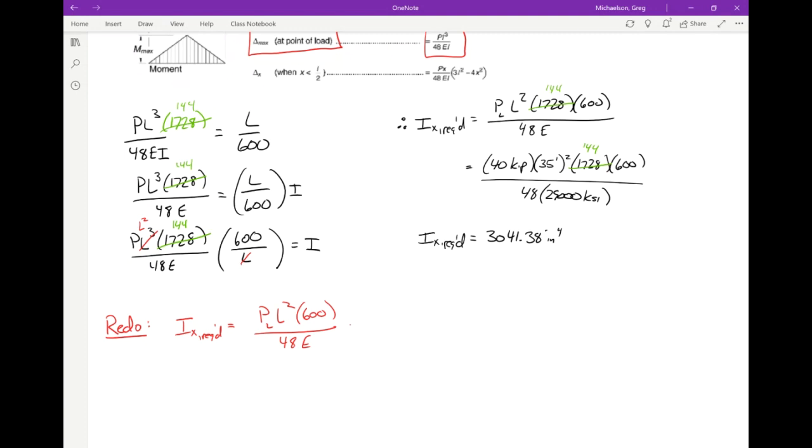Okay, so when you chug this out, what happens is this: you get 40 kips times 35 feet squared times 600 over 48 times 29,000 ksi.